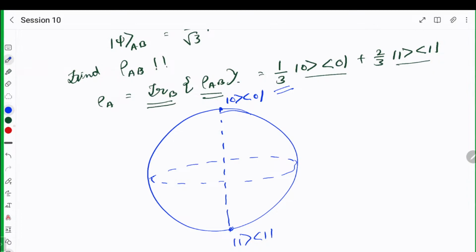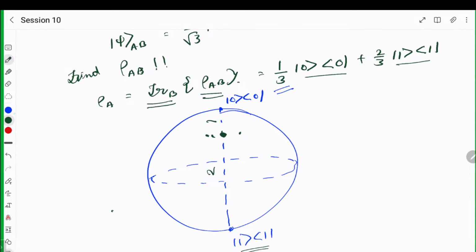So basically some point like this. Let me write it this way: 1 on the side of |0> and 2 on the side of |1>. All right, so this is the ratio.